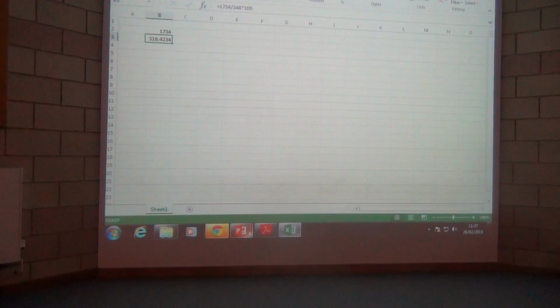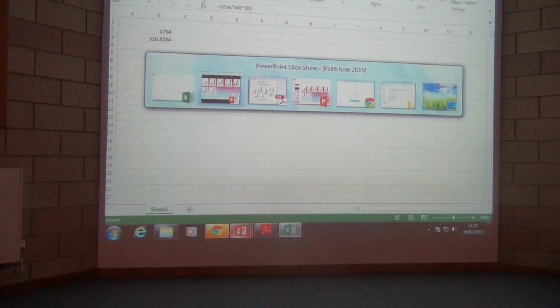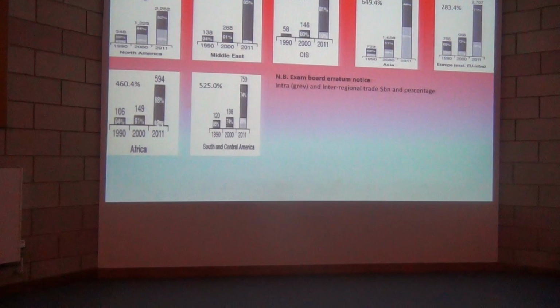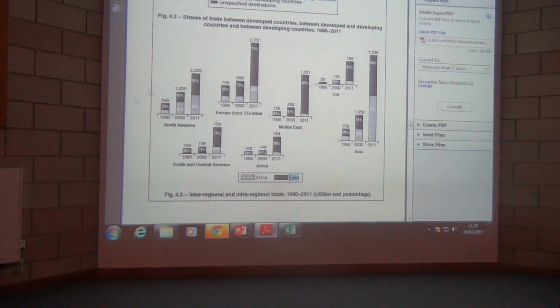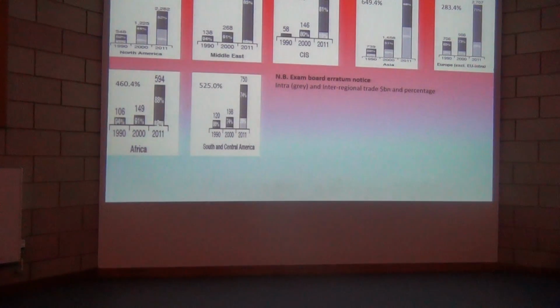So that is where I'm getting this 316.4%. So the total value of trade, and let's just go back to our extract here, it is showing the value of inter and intra-regional trade in billions of dollars. So the total value of trade in North America went up by 316.4% over that 2-decade period.